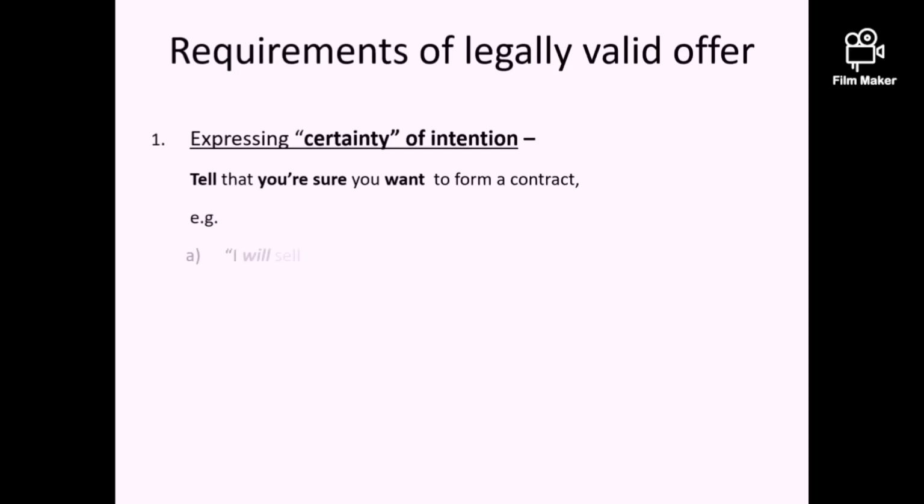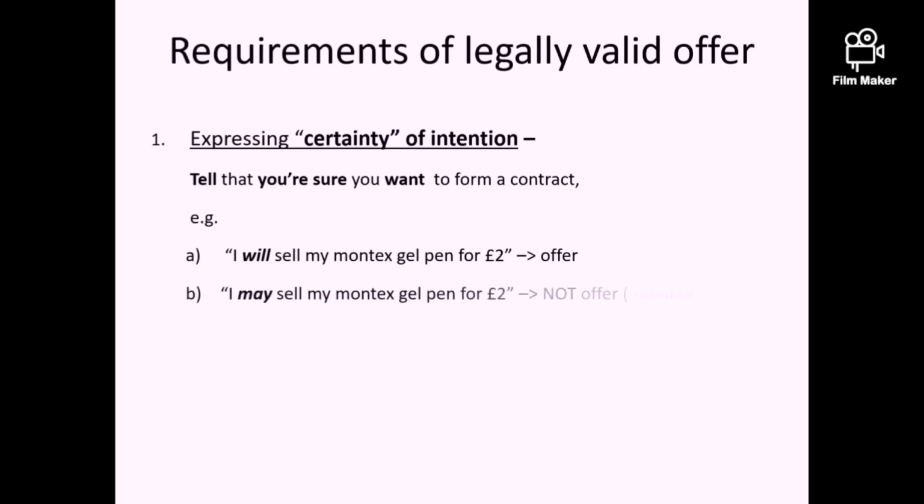For example, if I say I will sell my Montex gel pen for £2, this is an offer. But if I say I may sell my Montex gel pen for £2, this is not an offer, because here I'm not sure if I will sell the pen at all. The intention here of forming a contract is not certain.